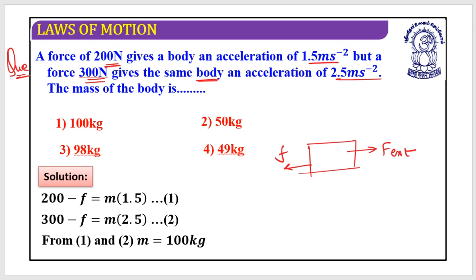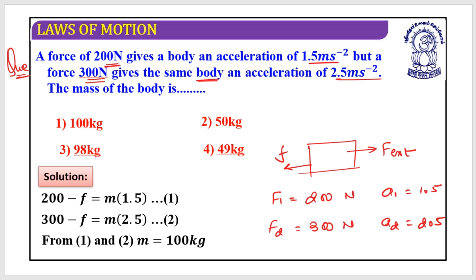In the first case, force 1 was 200 Newton, and due to this, the acceleration was 1.5. In the second case, force 2 would be 300 Newton, and the acceleration 2 would be equal to 2.5.